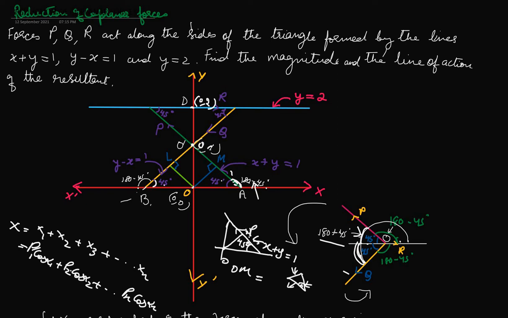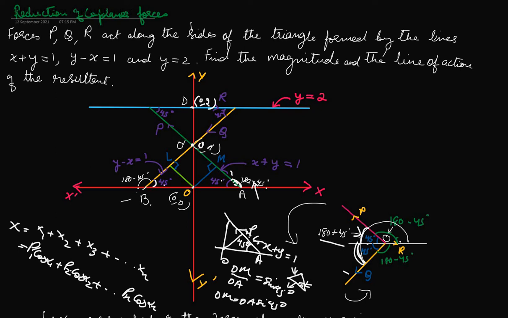In that case, if you denote this as point A, OM by OA gives you sine of 45 degrees. And what is sine 45? It is 1 by root 2. And what is OA, the distance from here to here? If you plot it in the graph paper, it is 1. So therefore you have OM is equal to OA sine 45 degrees.